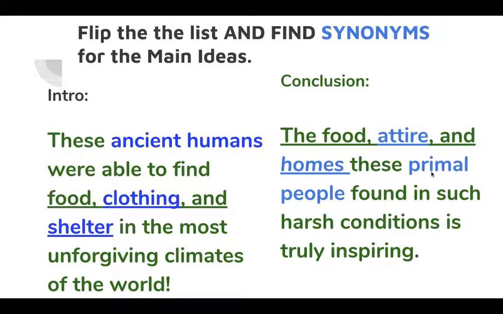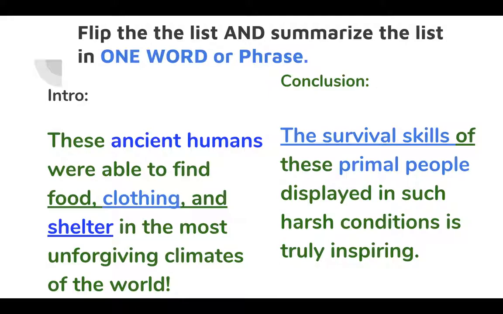Now, there's even another way you can do this. You can flip the list and summarize the list in one word or phrase. So you can see right here, the intro says, these ancient humans were able to find food, clothing, and shelter in the most unforgiving climates of the world. Well, look what I did up here.